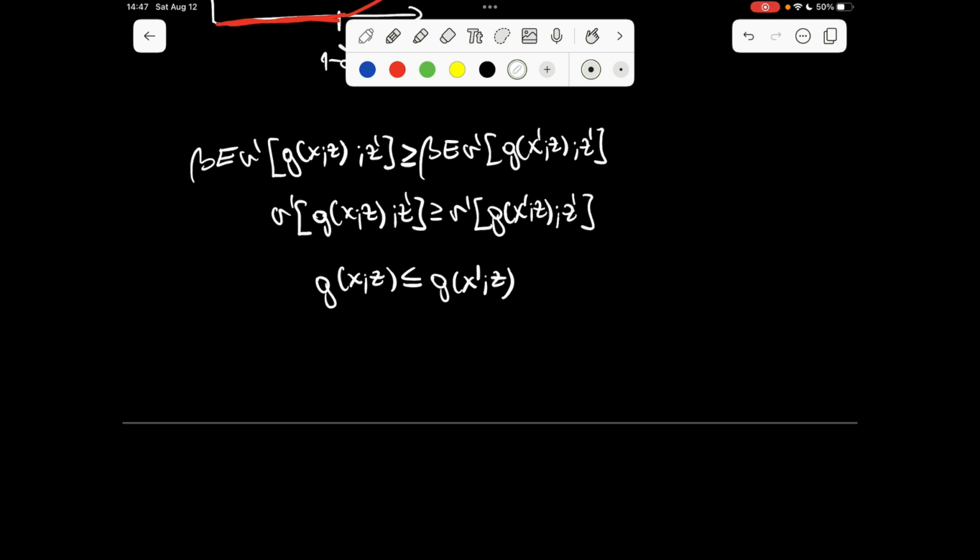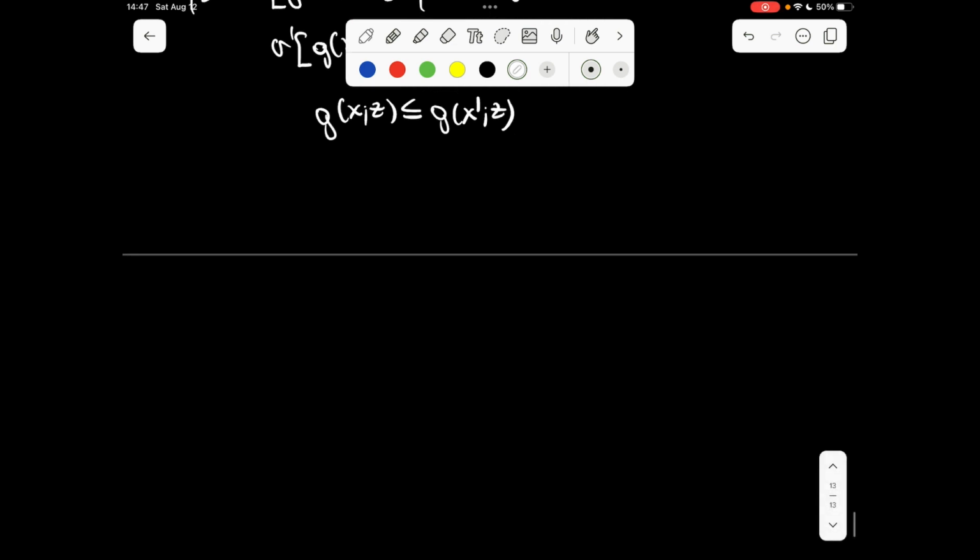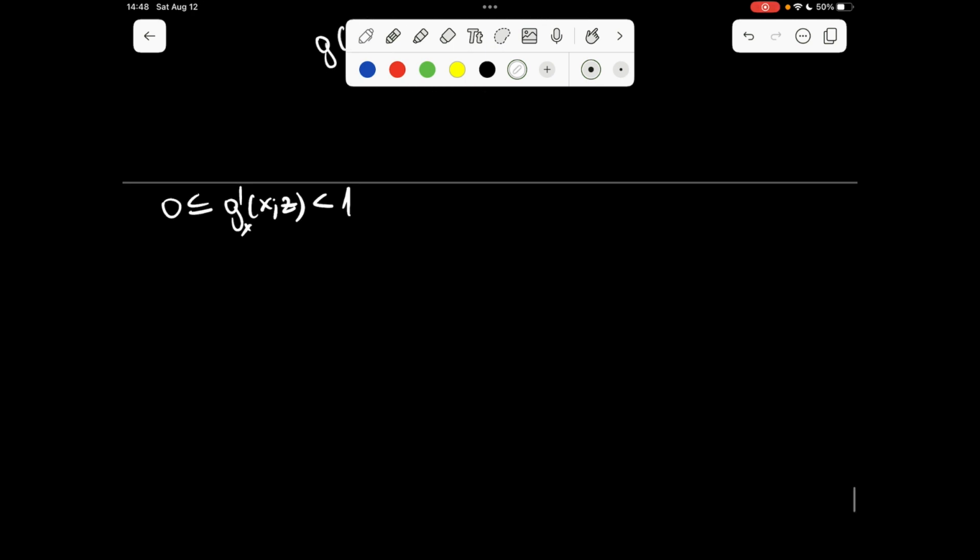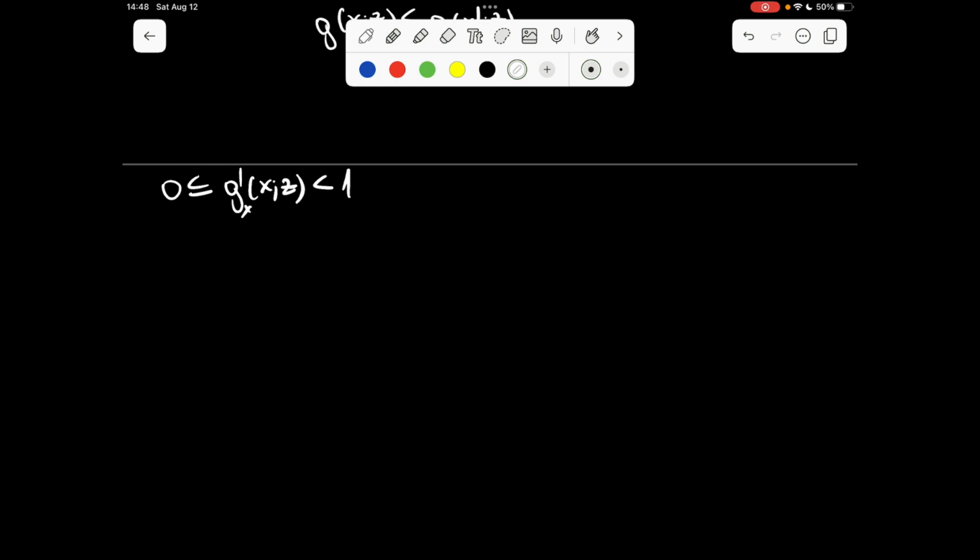Okay. The next theorem we need to show is that the policy function is increasing, but its slope is not higher than 1. Let's use a simple fact.